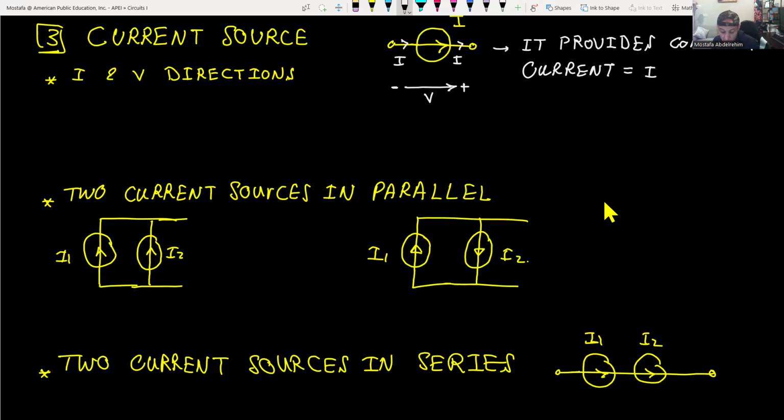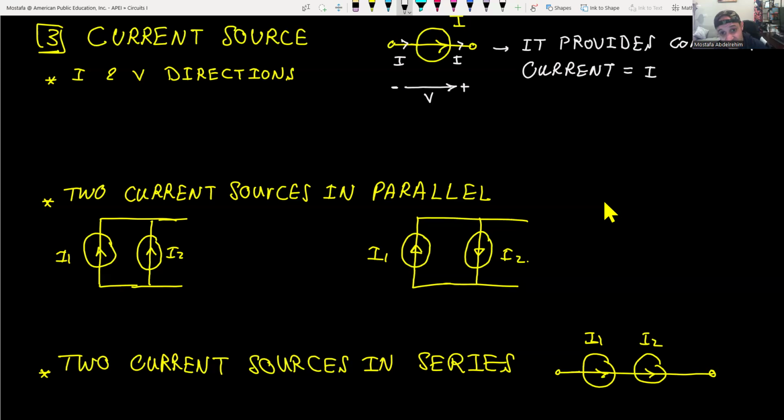Now, what if you have two current sources in parallel? That's basically analogous to the case in which you have two voltage sources in series. Basically, if you did that, that means you want more current.